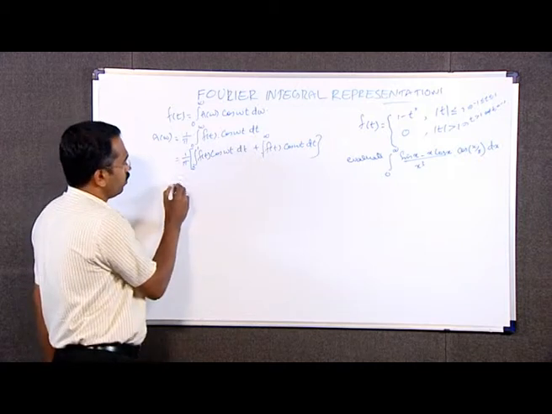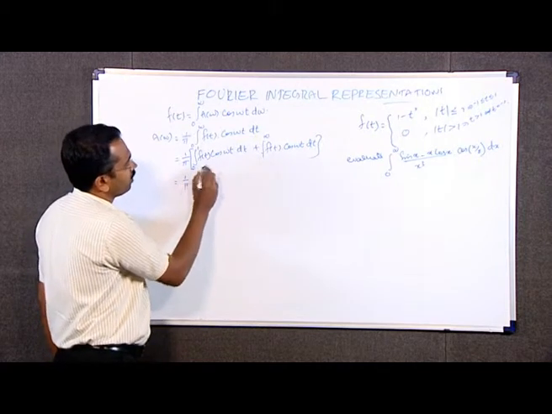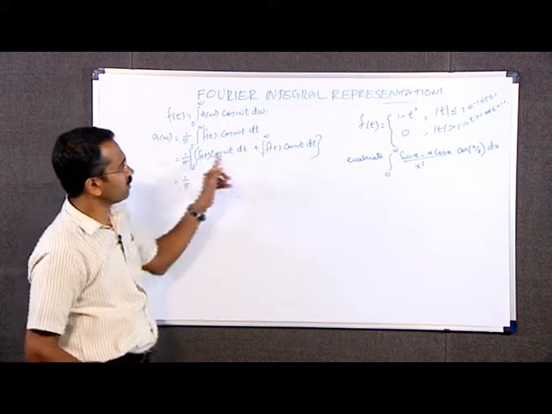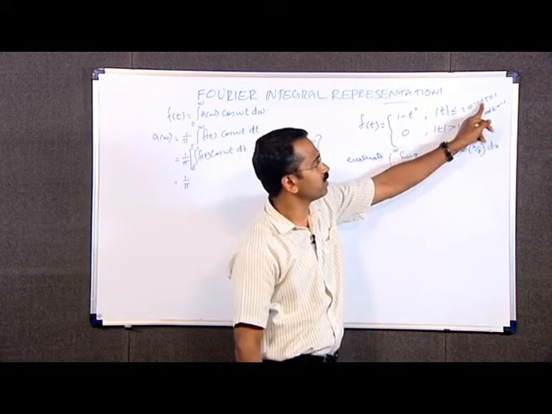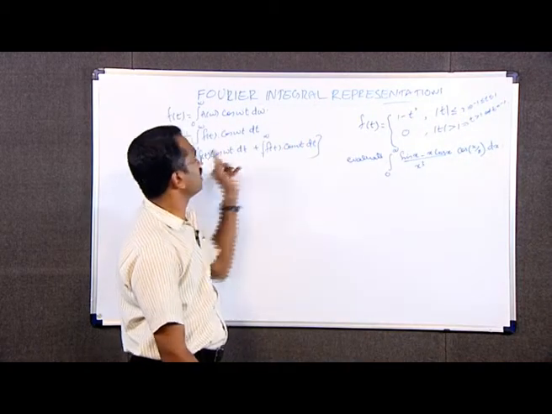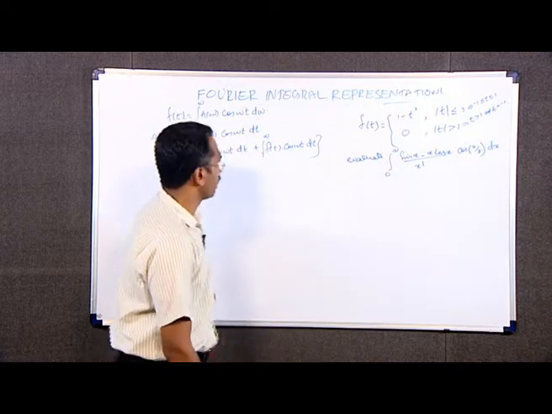That is equal to 1 by pi into, here the function is defined as, 0 to 1 means 0 is in between minus 1 and 1. Therefore, in this case, the function is defined as 1 minus t square.